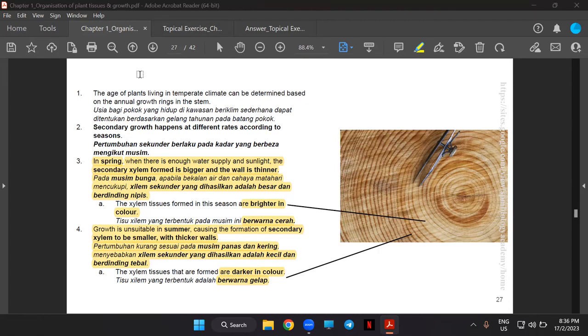Growth is unsuitable in summer, causing the formation of secondary xylem to be smaller with thicker walls and are darker in color. Pertumbuhan kurang sesuai pada musim panas dan kering menyebabkan xylem sekunder yang dihasilkan adalah kecil dan berdinding tebal serta berwarna gelap. You get 2 marks.